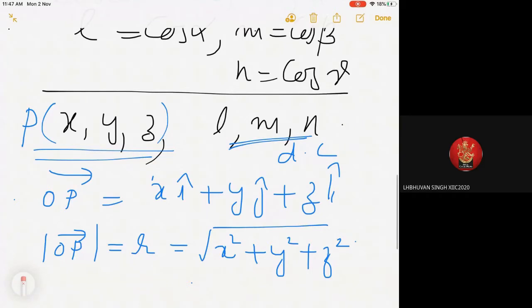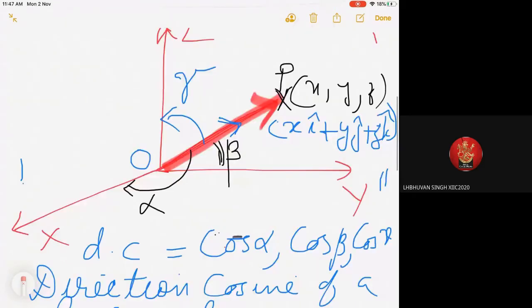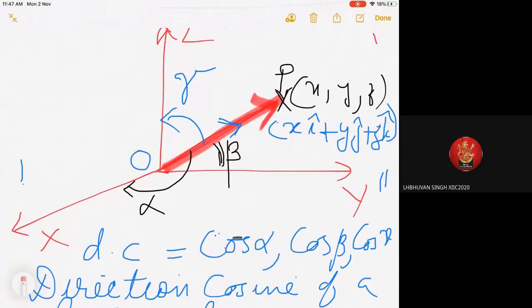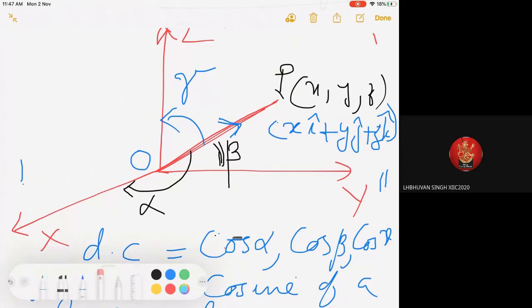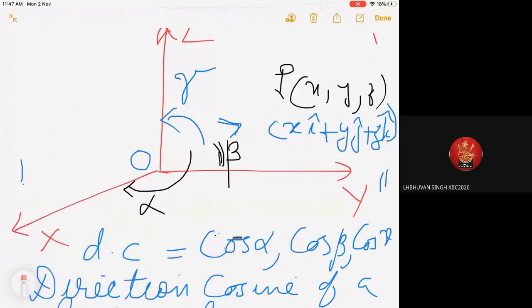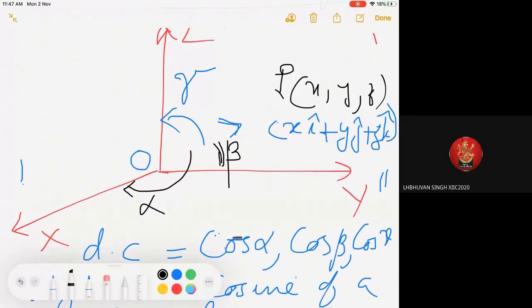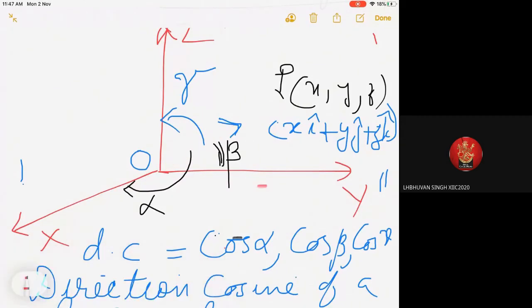Now come back to this figure. I will show in the GeoGebra graph. So one thing you have to understand is that we are considering the point P(x, y, z), and the magnitude of the vector OP. ध्यान से देखो, magnitude of vector OP means this distance.